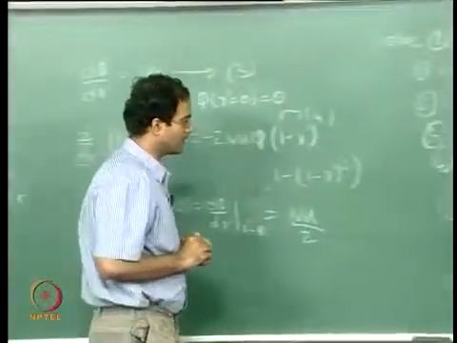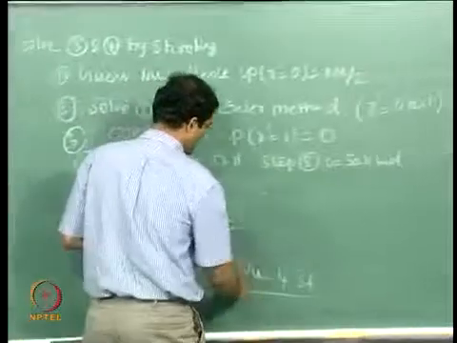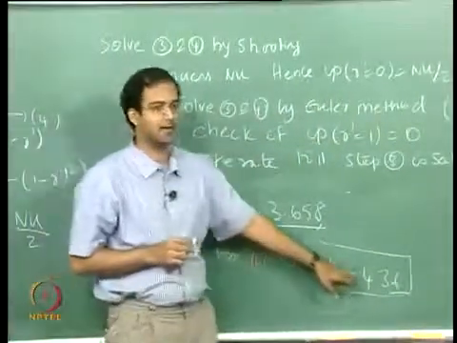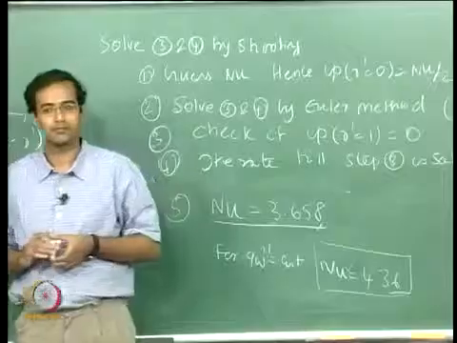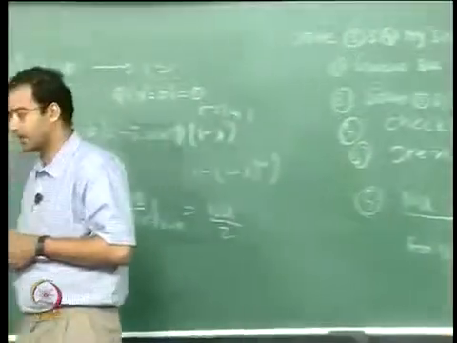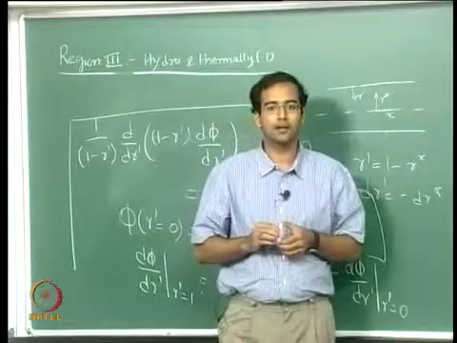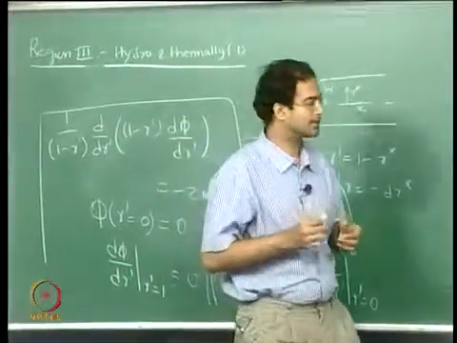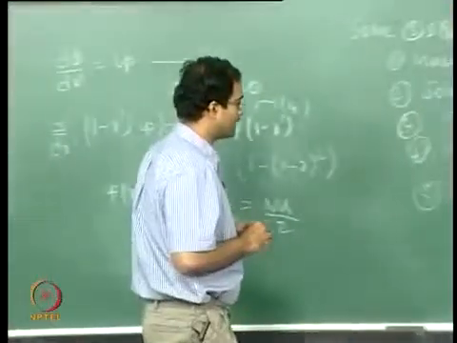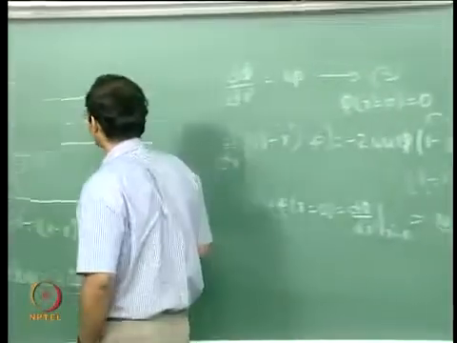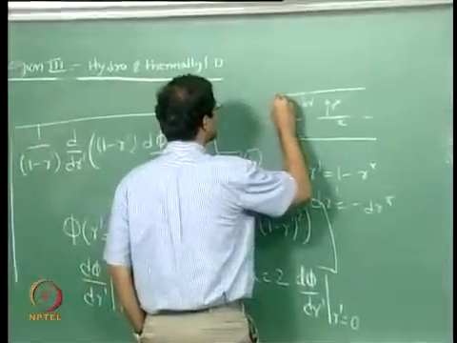So if you compare this to the isoflux case, you see the isoflux case has a higher Nusselt number. Okay. There has been no concrete reason why people observe this experimentally also that this is higher, but some kind of an explanation can be given from the thermal boundary layer.